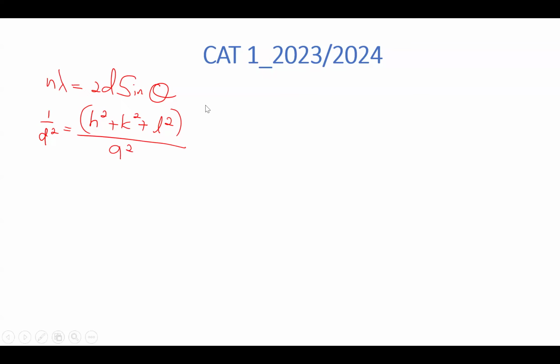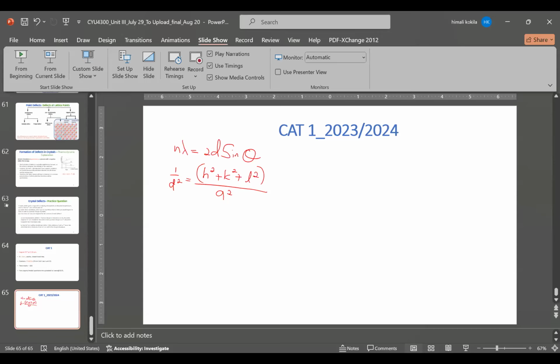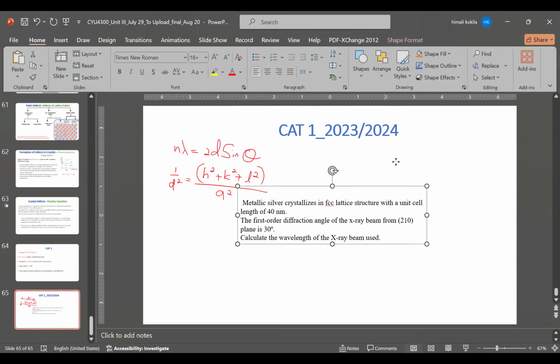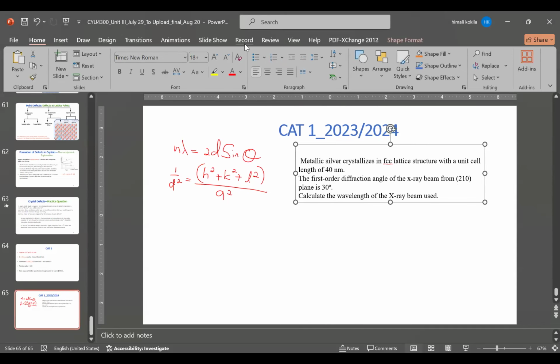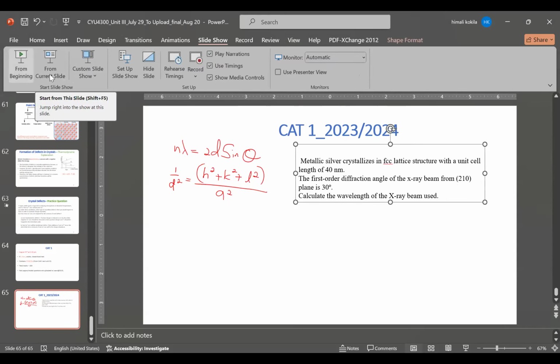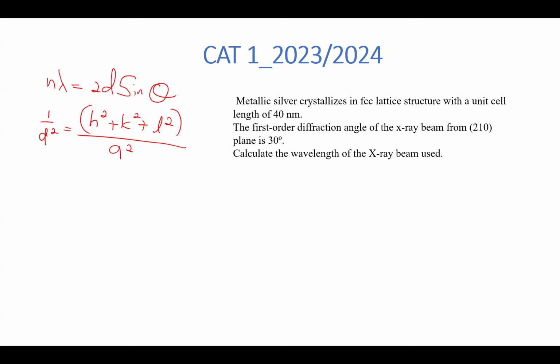If we go back to our question real quick, it says the metallic silver crystallizes in an FCC lattice structure with a unit cell length of 40 nanometers.